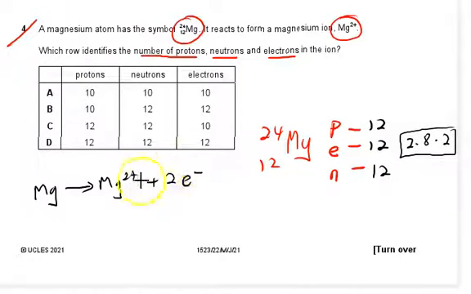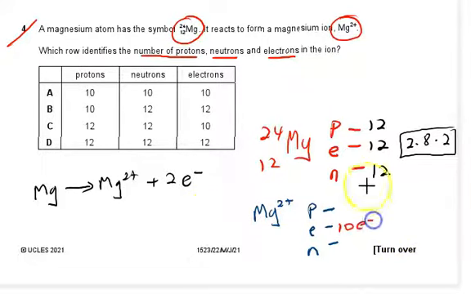When we donate the 2 electrons, the ion, magnesium 2+, has only 10 electrons. Protons, which stay in the nucleus, remain the same, and for neutrons there is no change, you have 12. So it is 12, 12 and 10, which gives you C as your answer.